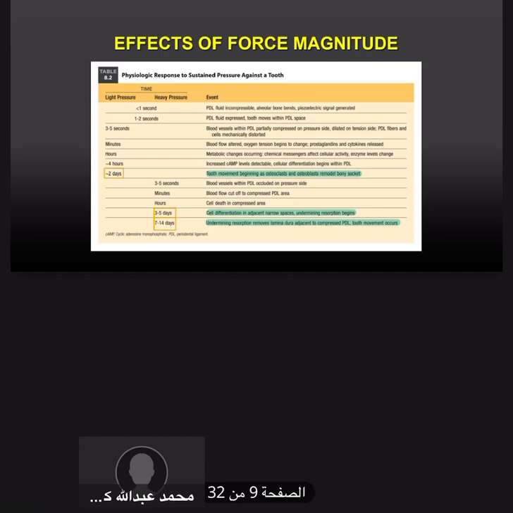And within 2 days, tooth movement begins as osteoclasts and osteoblasts remodel the bone socket, the alveolar bone around the tooth. So this is what happens if light pressure is applied, which is the basic aim and is desired in orthodontic tooth movement, which avoids complete blood occlusion.